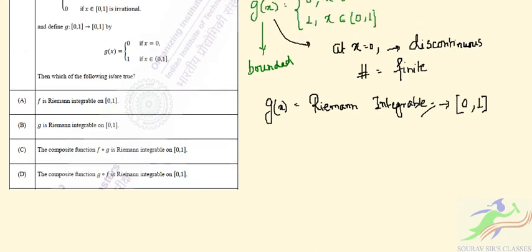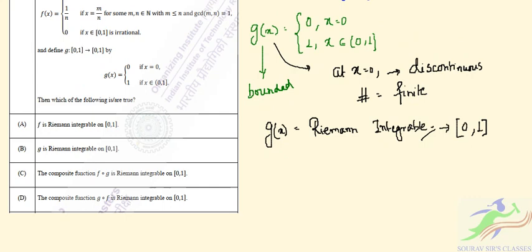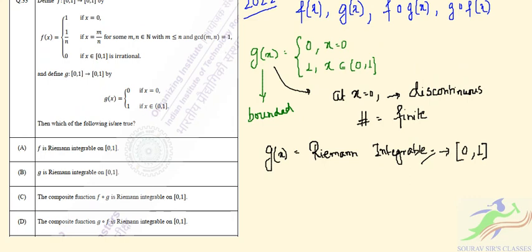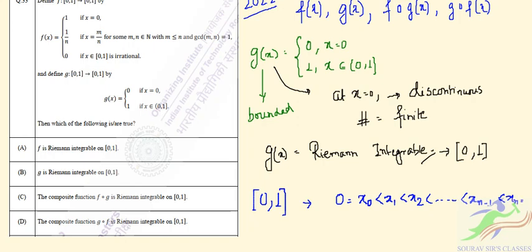So we can consider a partition of the interval 0 comma 1: 0 equal to x0 less than x1 less than x2 less than x of n minus 1 less than xn equal to 1. So this is the closed interval 0 comma 1 we have defined.